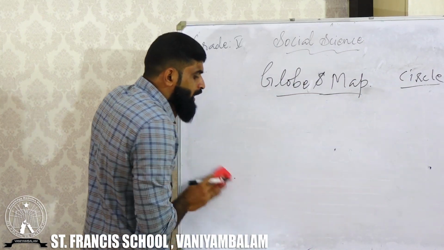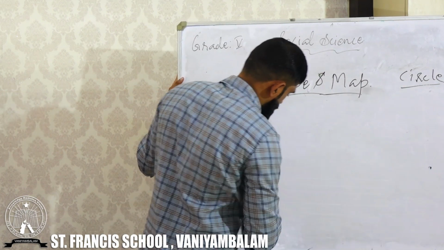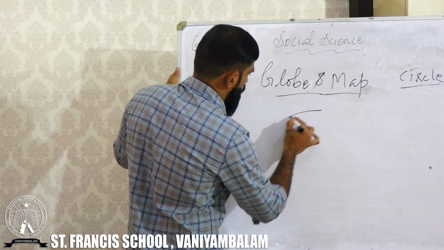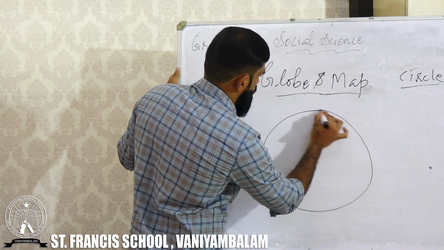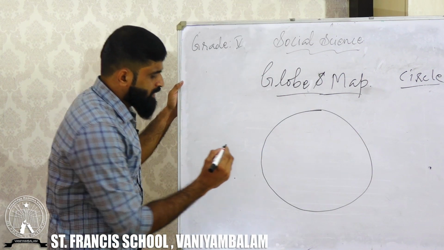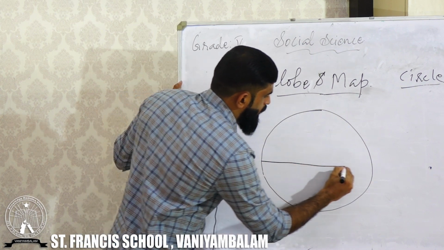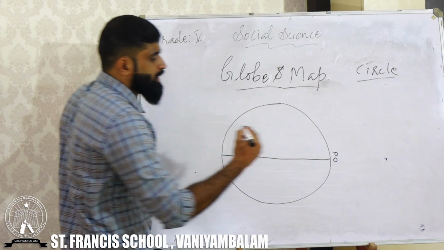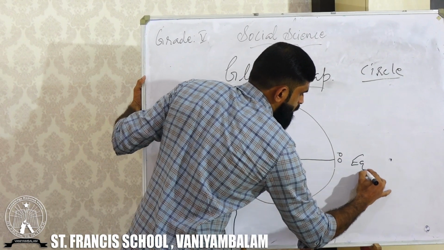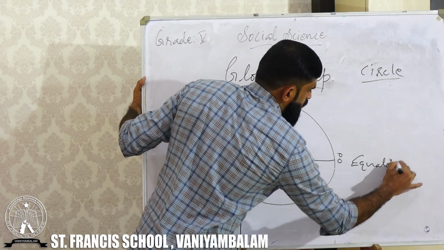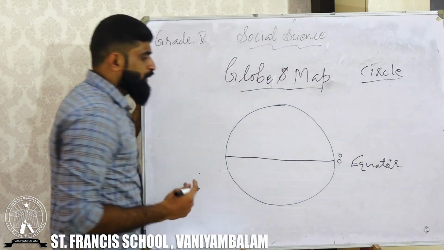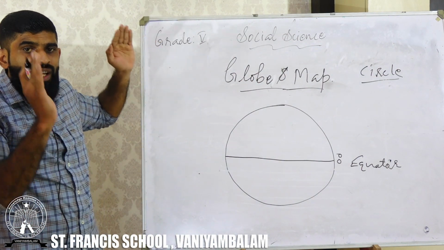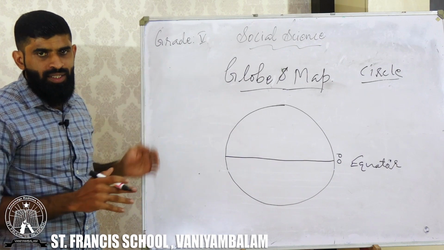Before learning the next topic, dears, you need to have an idea about how these work. In the last class we learned that the 0 degree latitude is called the equator. Now we are going to explain: 180 latitudes are there.